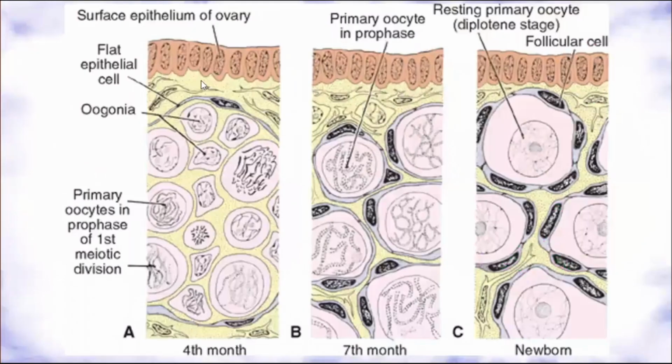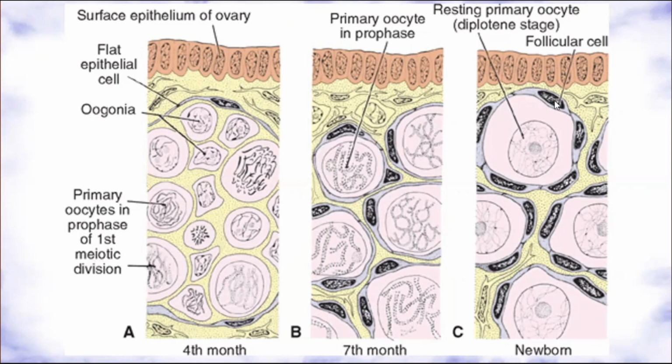So here we can see a cluster of gonoblasts surrounded by germinal epithelial cells, and gonoblasts form oogonia, which undergo numerous mitotic divisions, their proliferation, and then they enter meiosis. They become primary oocytes, and each primary oocyte is surrounded by germinal epithelium cells, which are now called follicular cells. So germinal epithelial cells in testes form Sertoli cells, and in ovaries they form follicular cells.